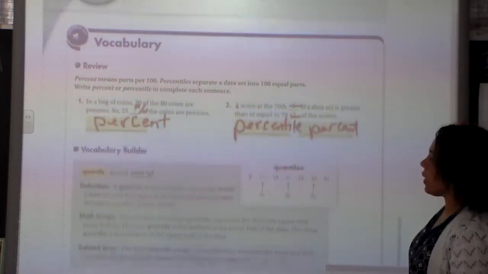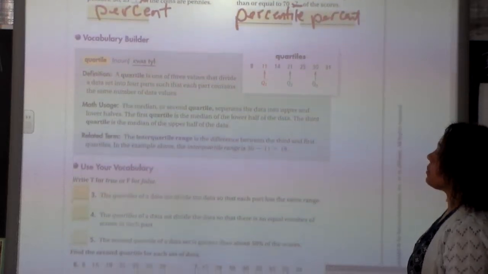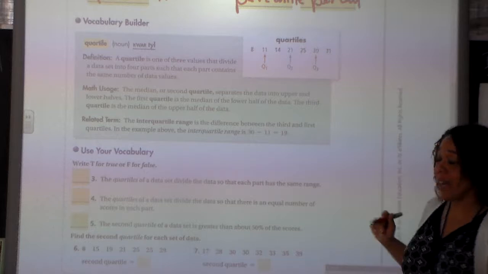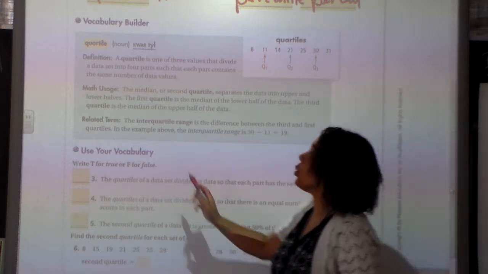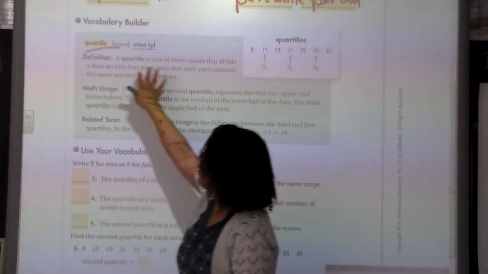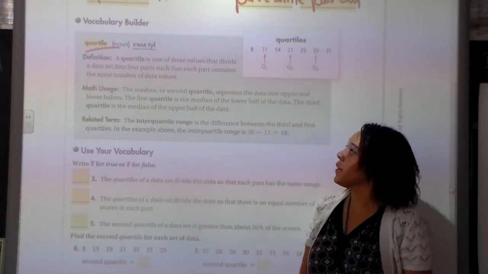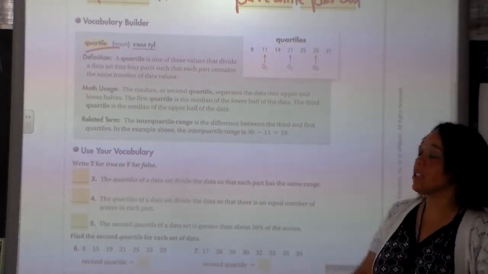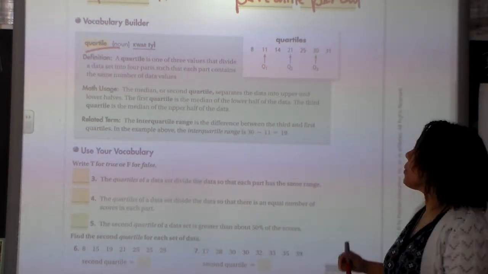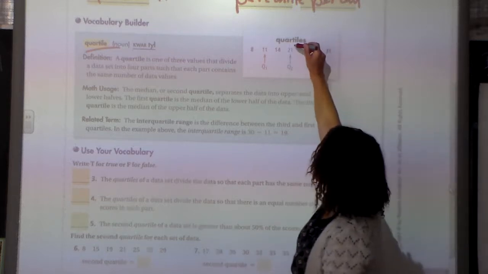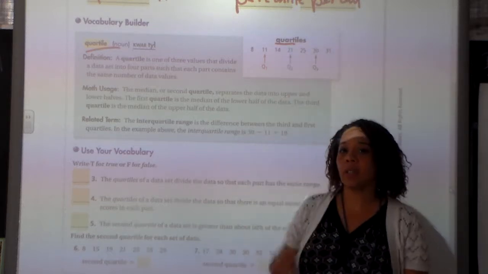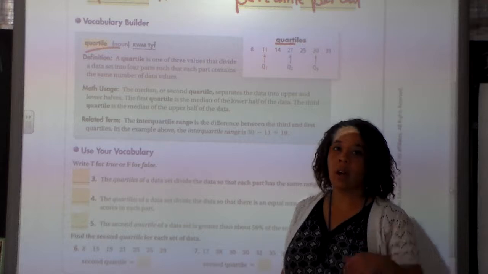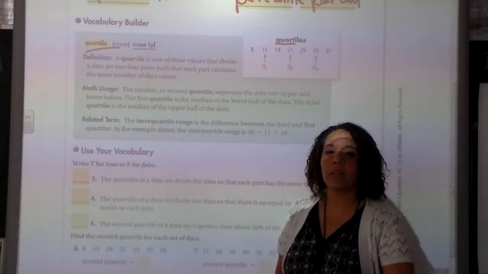Now moving on and looking at the rest of our vocabulary builder, we have a new word here called quartile. A quartile is one of three values that divide a data set into four parts. Remember, the word quartile starts with quart, which is similar to a quarter of something, which is 25% of something.